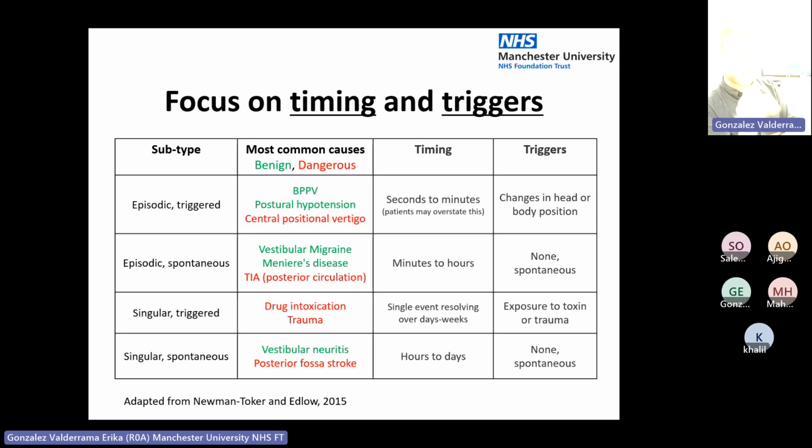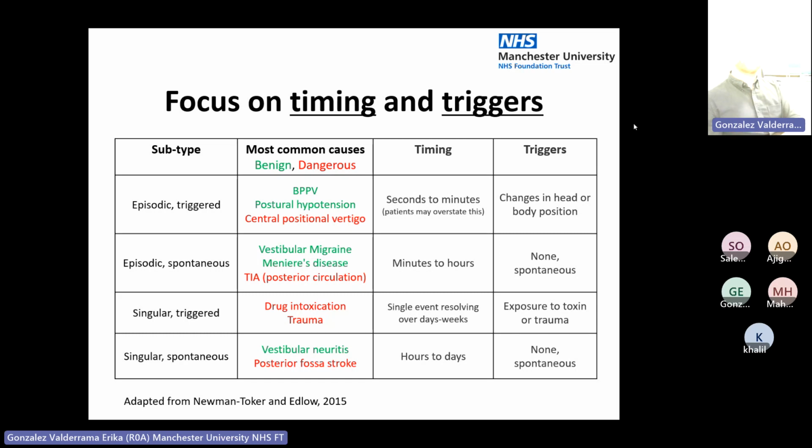Then if you split those categories again, you either have episodes that are triggered reliably by something, or episodes that occur spontaneously and randomly with no warning. Similarly, a singular event might be triggered by something, or it might have occurred completely spontaneously with no obvious cause.